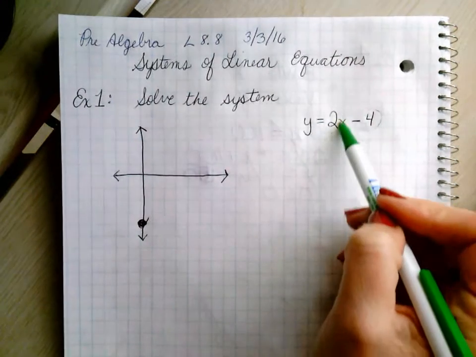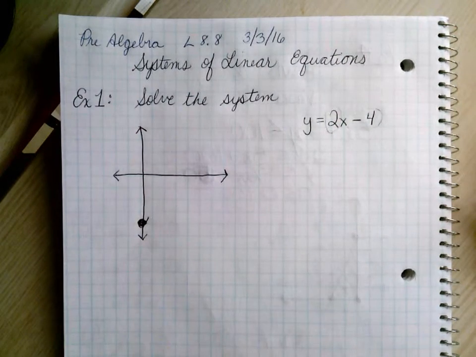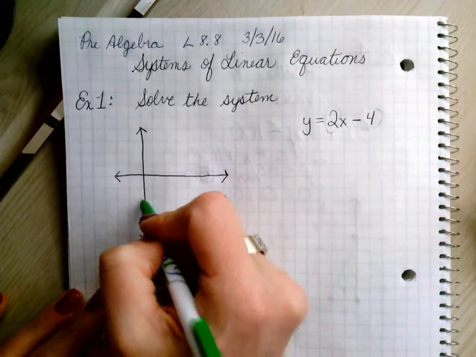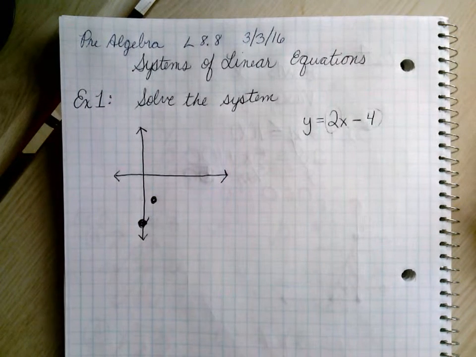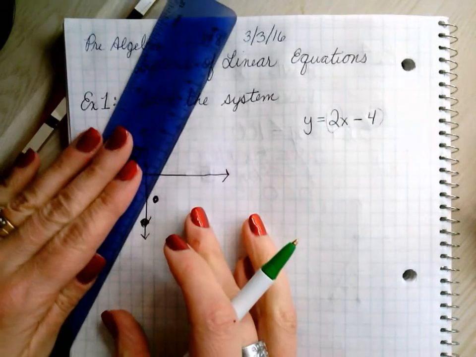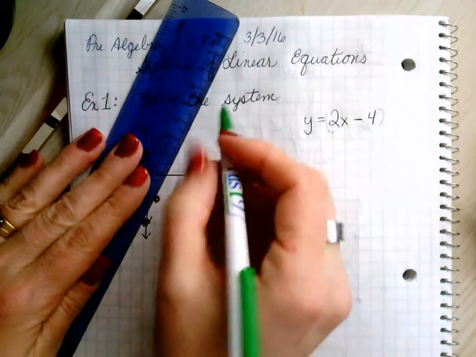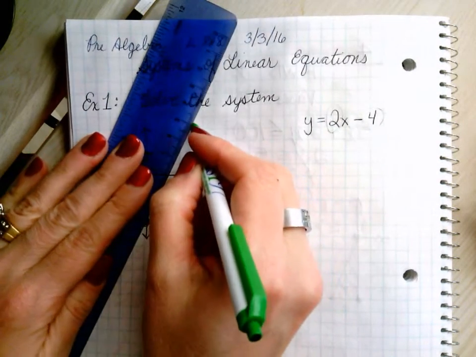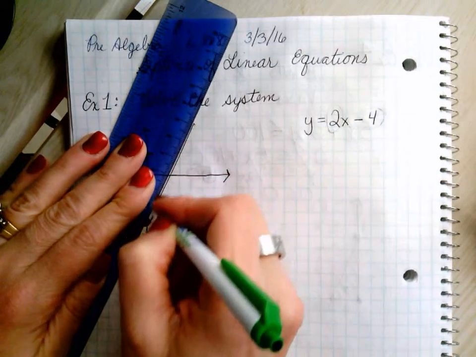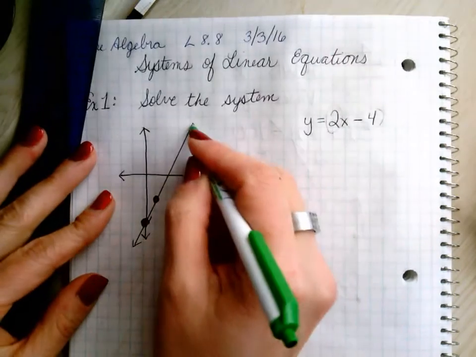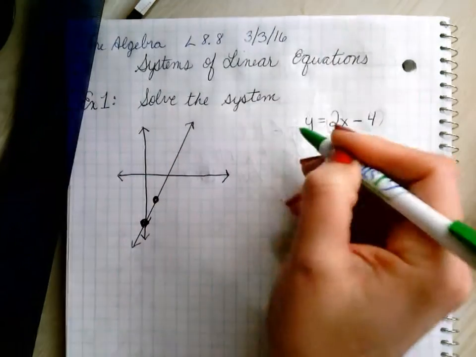That means this is the slope. Up 2, right 1. It wasn't quite as neat as I should have been when I drew my lines, but in any case, this is the line that best fits the first equation.